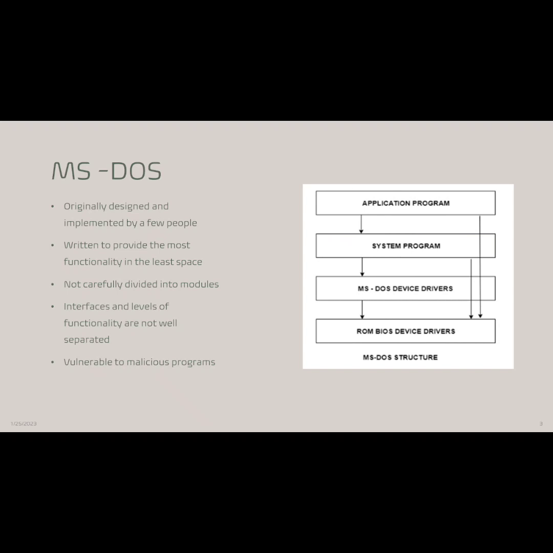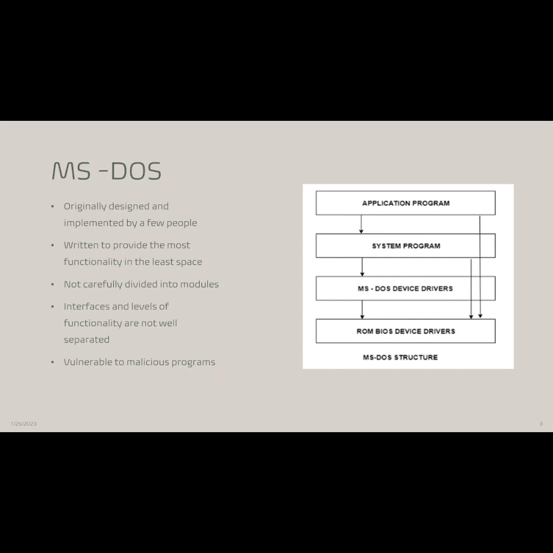This structure was originally designed and implemented by a few people who had no idea that it would become so popular. It was written to provide the most functionality in the least space, so it was not carefully divided into modules. This lack of structure is evident in the fact that the interface and levels of functionality are not well separated.